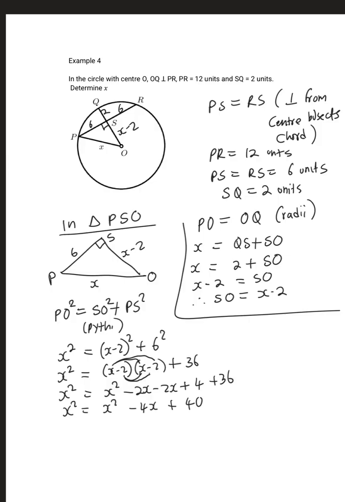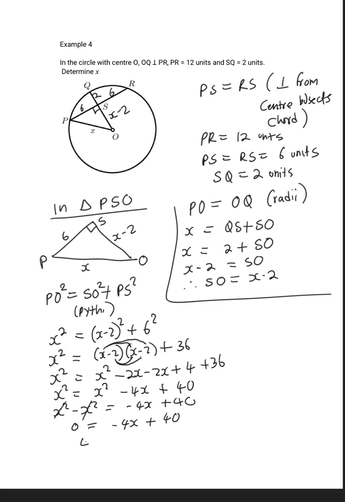Then X squared minus X squared is 0, so they cancel. We get 0 is equal to minus 4X plus 40. When negative 4X goes to the other side, it becomes positive 4X is equal to 40.